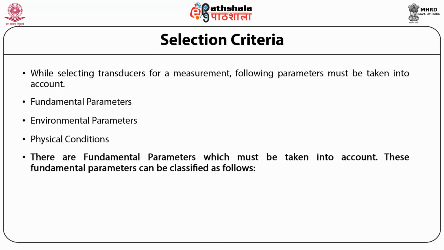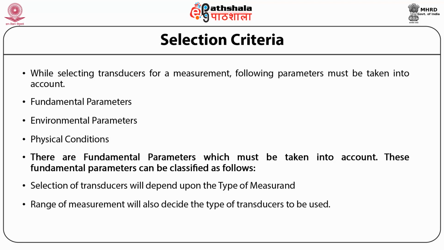These can be classified as follows. First, the selection of transducers will depend upon the type of measurand. Second, the range of measurement will also decide the type of transducers to be used.